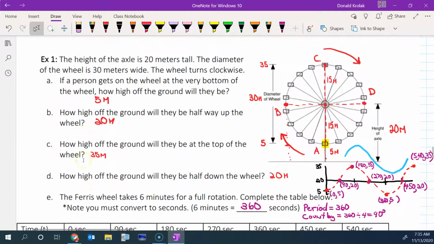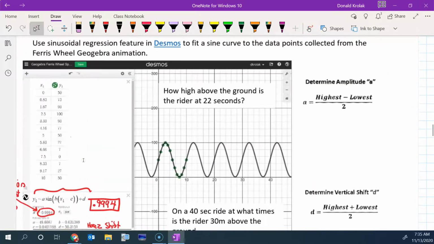All right, so go back to the previous page and find the amplitude.